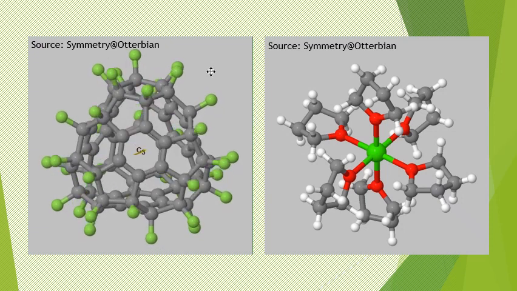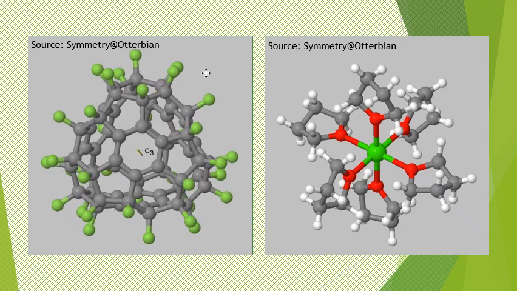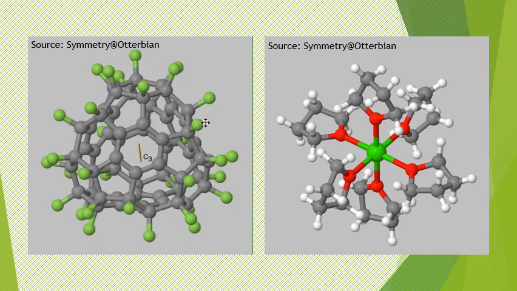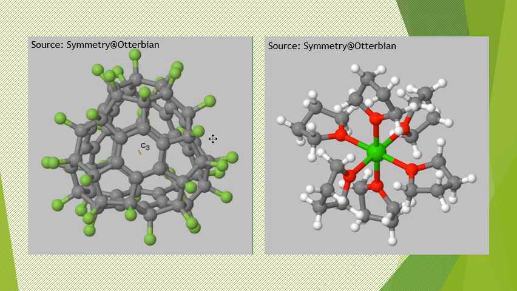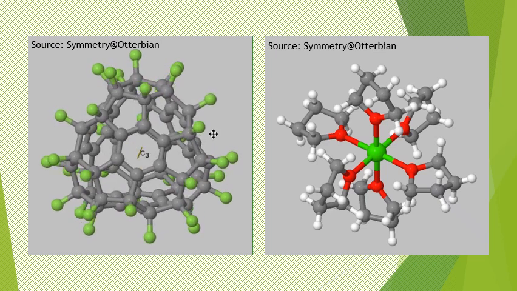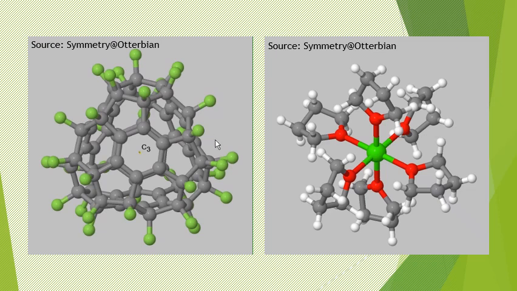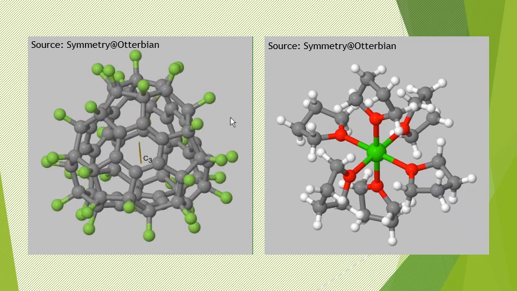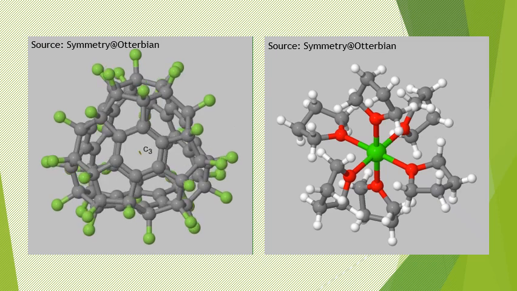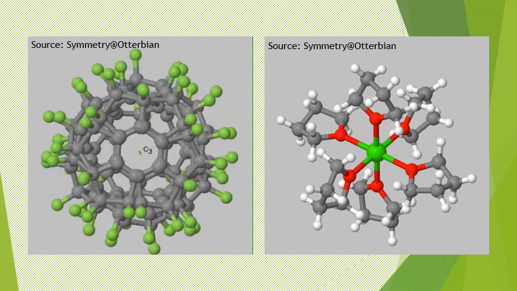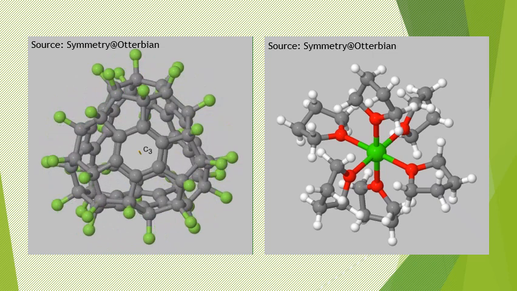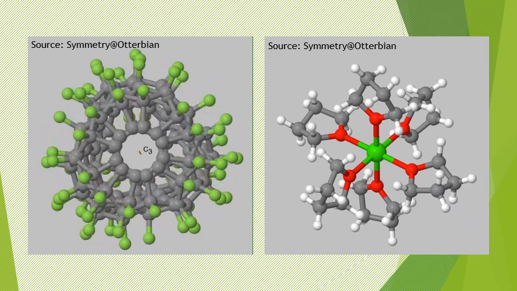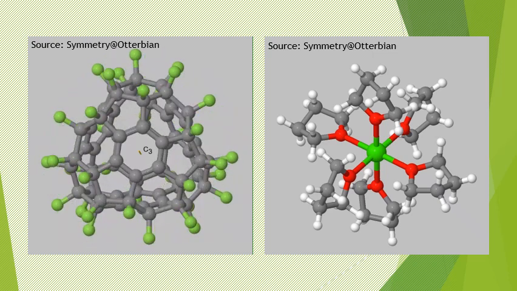So this is the molecule C60F36. One C3 axis has been identified. It will be very difficult to imagine all possible symmetry operations in this case, but this is in fact point group T. First one C3 has been identified, and I can show the operation on this C3. Rotation by 120 degrees brings the molecule back to an equivalent orientation.